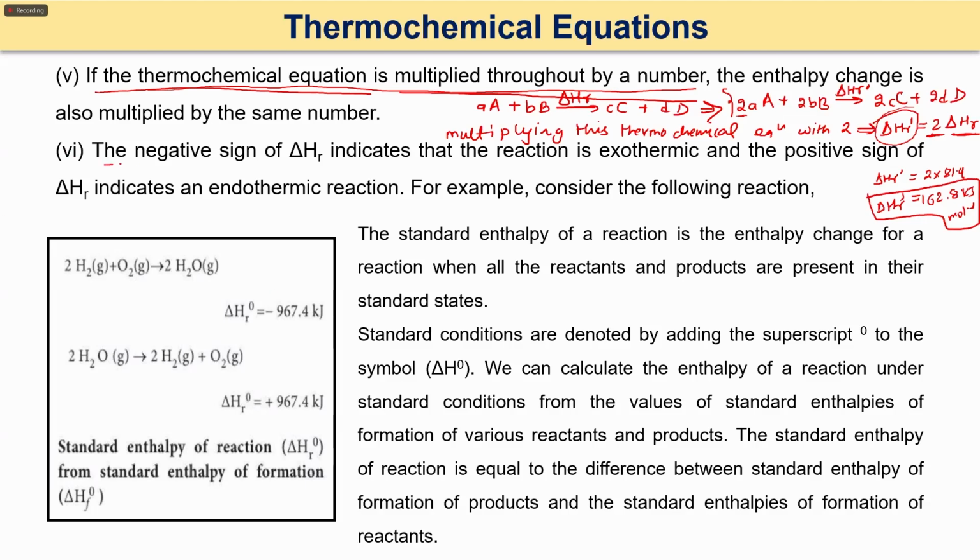Here the negative sign of delta HR indicates that the reaction is exothermic, and the positive sign of the enthalpy change of the reaction indicates an endothermic reaction. I have already discussed this: if the value of your delta HR, that is enthalpy change for the reaction, is positive, then the reaction is an endothermic reaction.